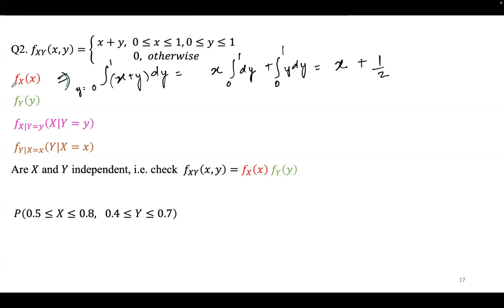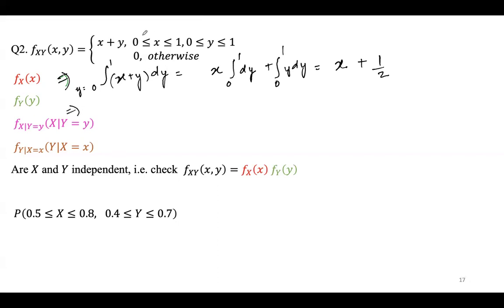What does marginal probability of x mean? That we are integrating over the whole range of y. No y in the final expression. So the whole range of y is between 0 and 1. So you're integrating that expression over y.